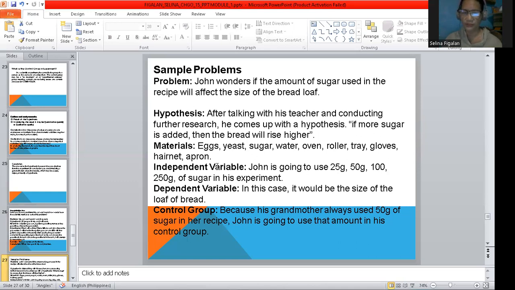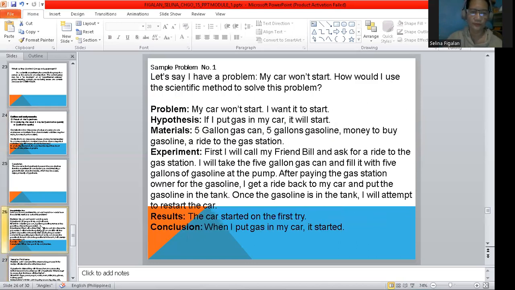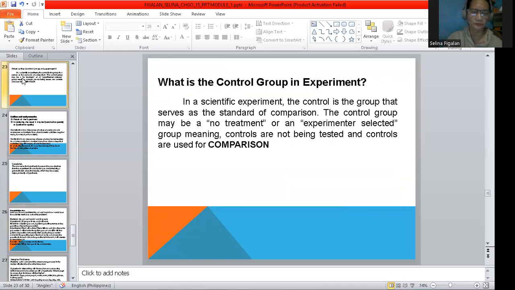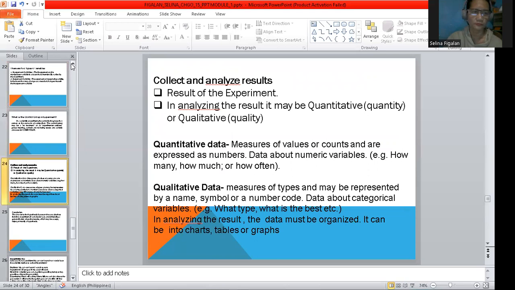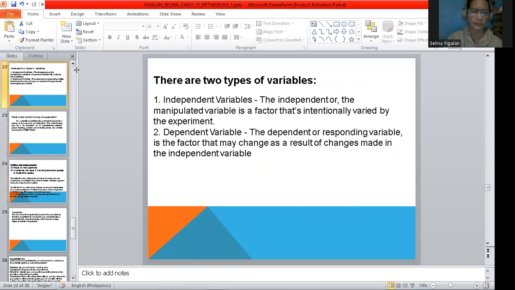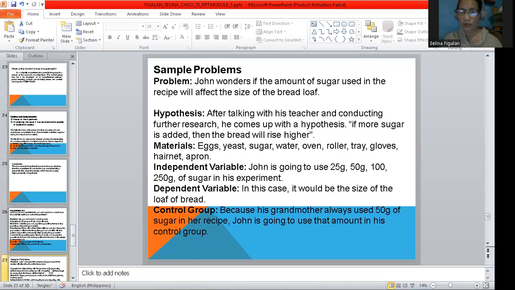Independent variable. So, John is going to use 25 grams. Ano ba yung independent variable? When you say independent variable, the independent or the manipulated variable is a factor that is intentionally varied by the experimenter. Kaya nga gumamit siya rito, class, ng iba't ibang grams of sugar.